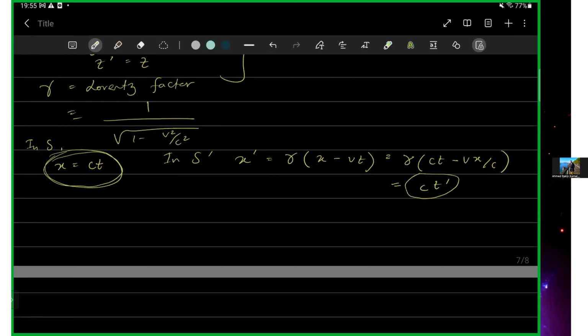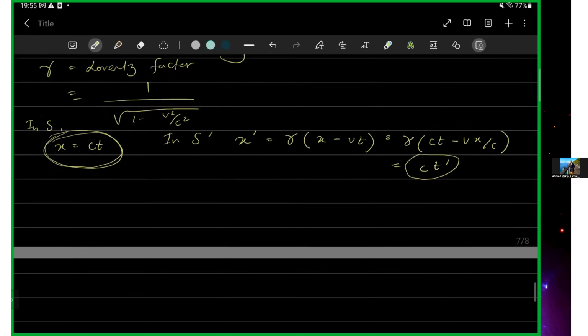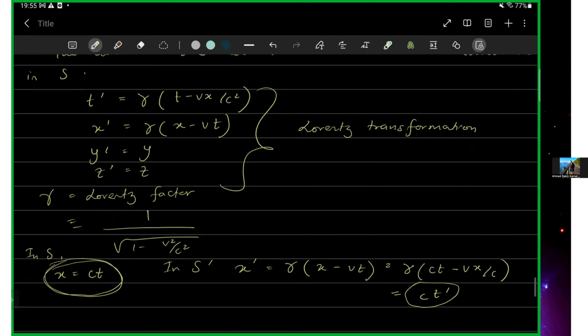Okay. Now, another thing that you can note from the Lorentz transformation equations is that time and space have been mixed, right? Because over here I'm denoting t prime with both t and x components, and x prime with both x and t components.